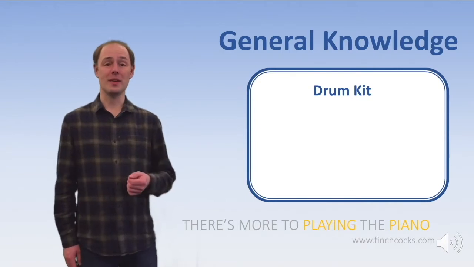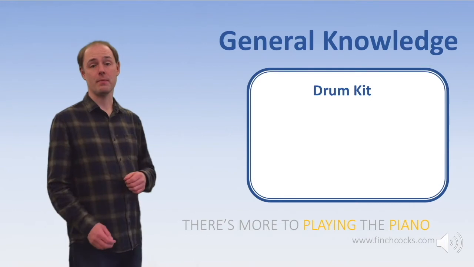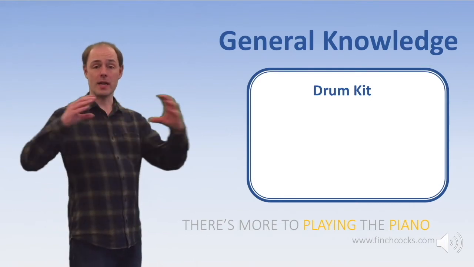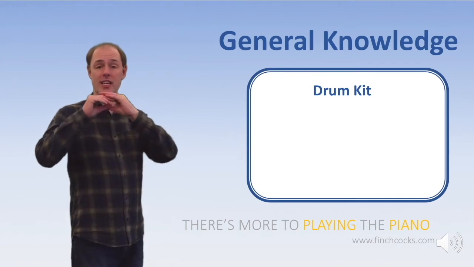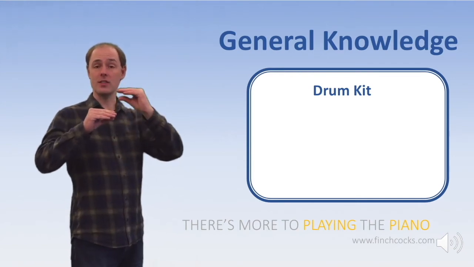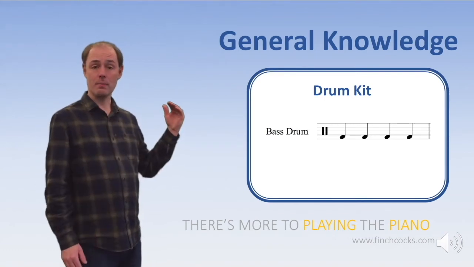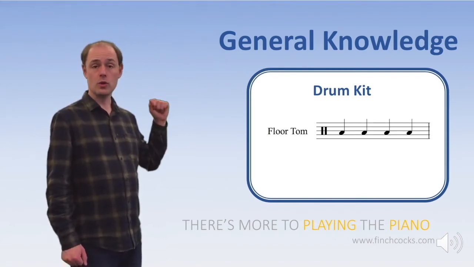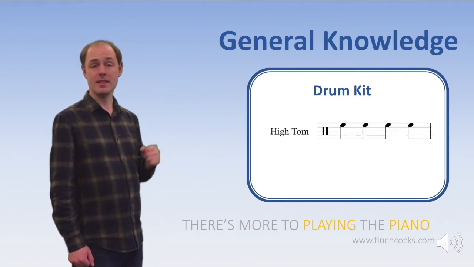It's also good to know a little bit about the drum kit, and in particular drum kit notation. When you're writing for drum kits, rather than each line of the stave being a separate pitch, each line of the stave represents a different instrument of the kit. So the bottom line is the bass drum. This is the floor tom, this is the snare drum, this is the medium tom, this is the high tom.